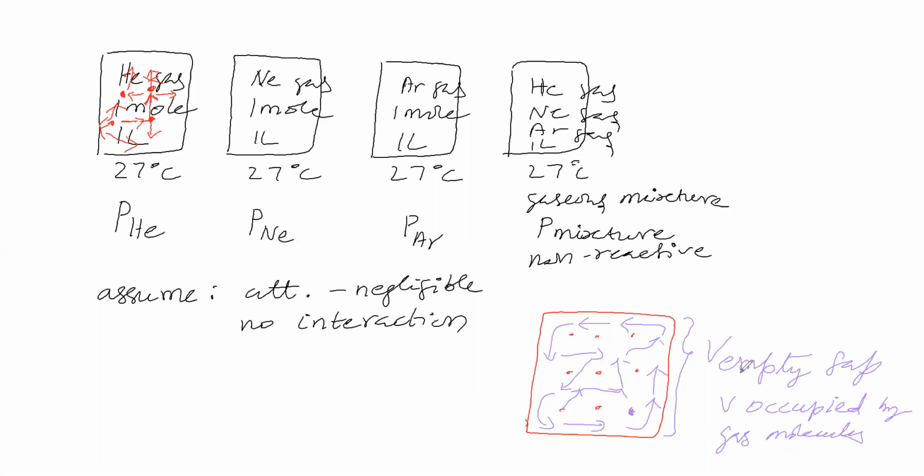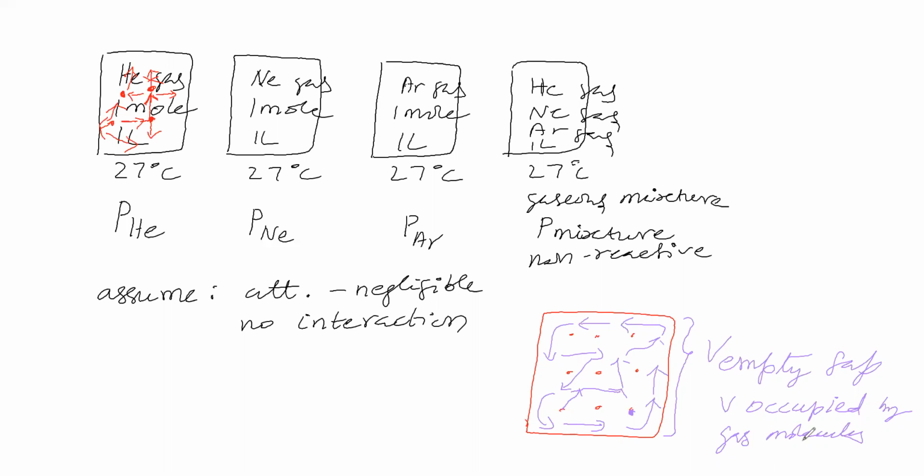So which volume will be high? Empty space volume will be high, or otherwise volume occupied by gas molecules is high. You think: gas molecules are moving freely, so free movement is there, in the sense how should the empty gap be there?